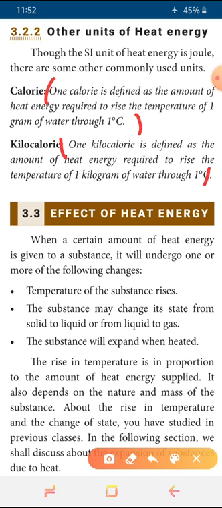This temperature rise is directly proportional to the amount of heat energy given to the substance. When the heat energy increases, the temperature increases.